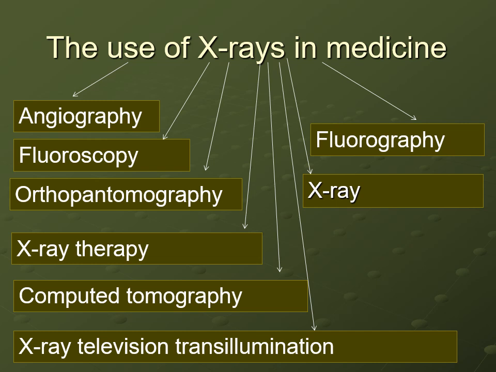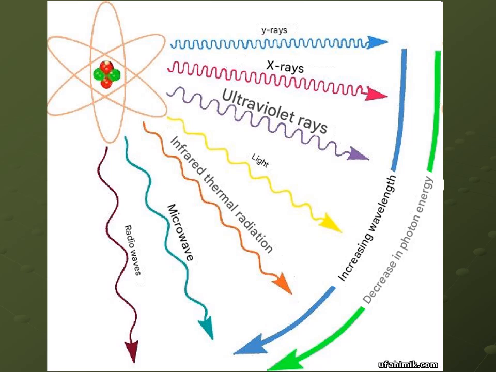But before we deal with radiation, we need to find out the properties of X-ray radiation, and also need to figure out how to get X-ray radiation, how X-ray radiation acts on the human body. We recall again that X-ray radiation is electromagnetic radiation, and if we look at the scale of electromagnetic radiation, then X-ray radiation lies between ultraviolet radiation and gamma radiation.